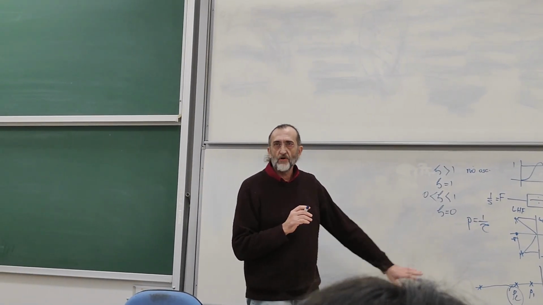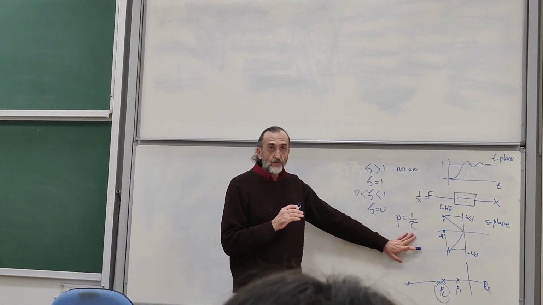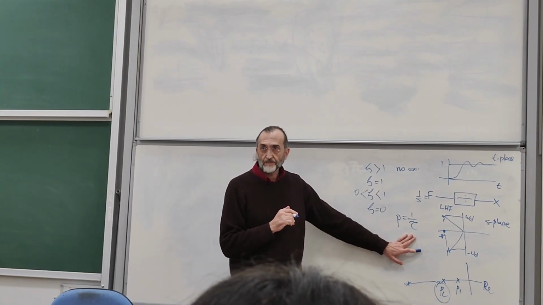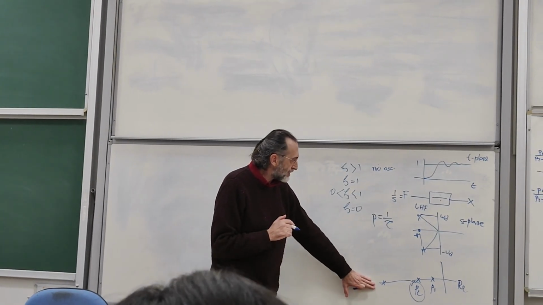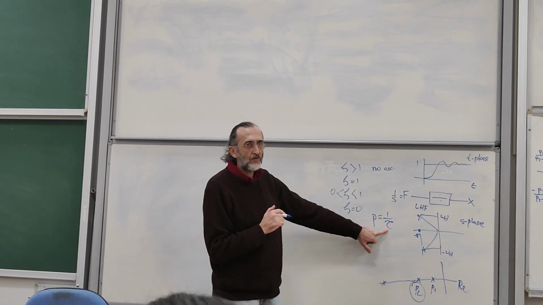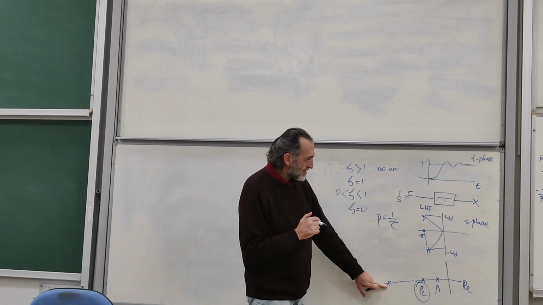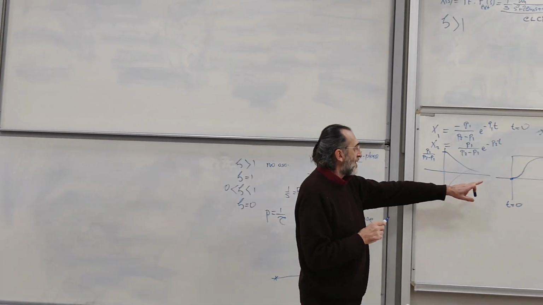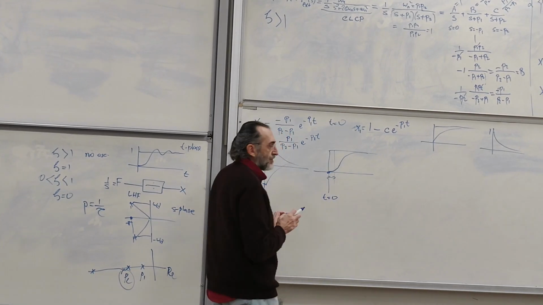We haven't learned these for nothing. Tau means that it's a slow system, okay? So if P is large, that means that tau is small, then this system is fast. This part is fast. So this inflection is going to disappear very close to the origin.